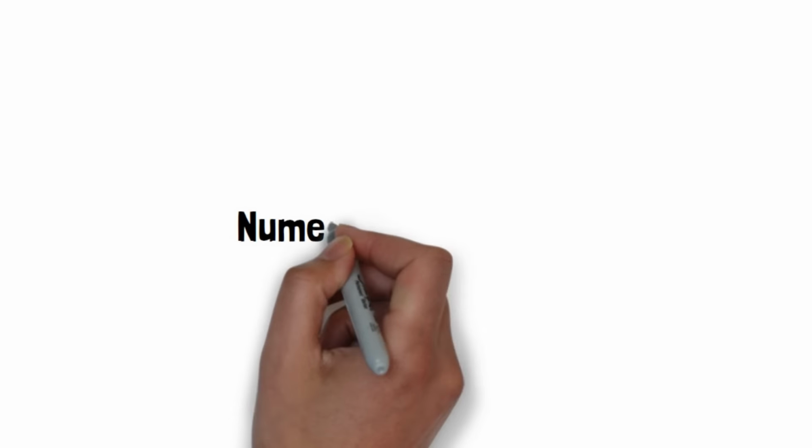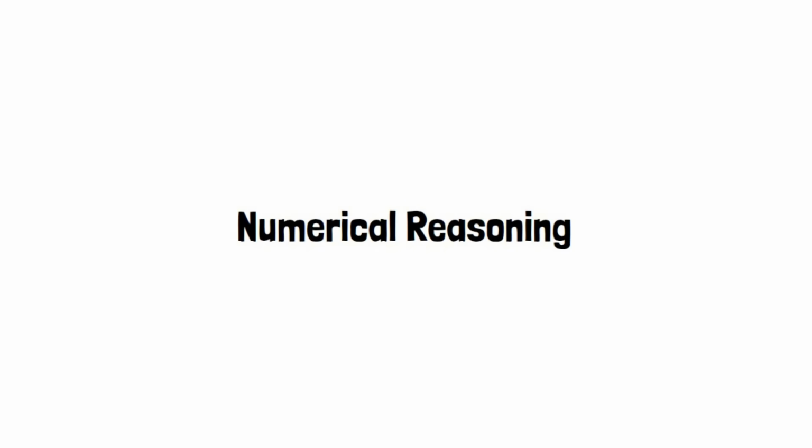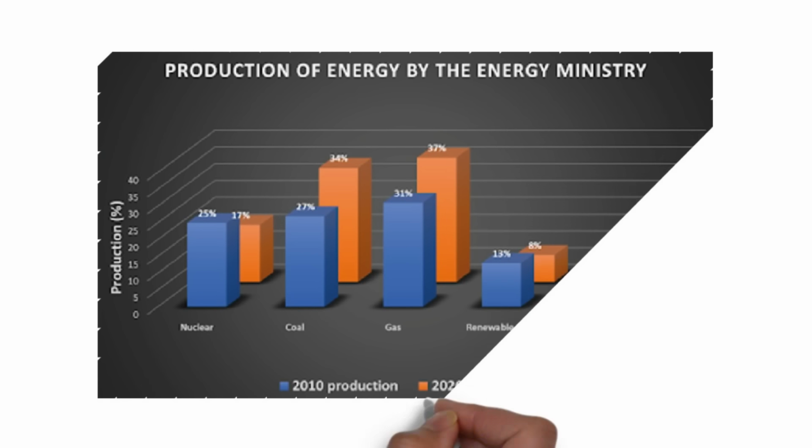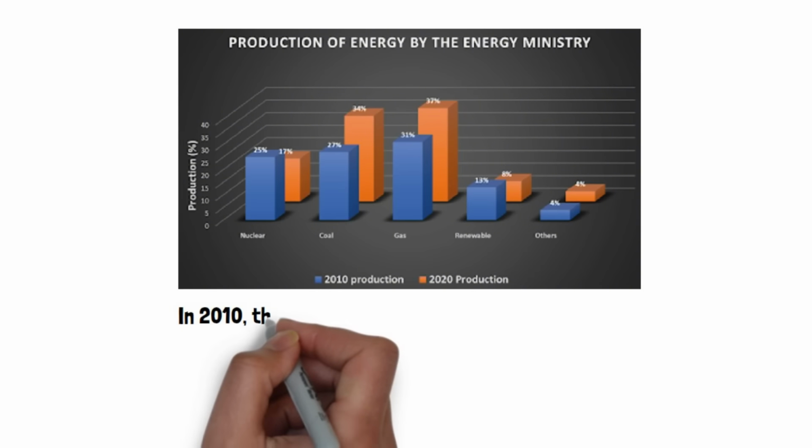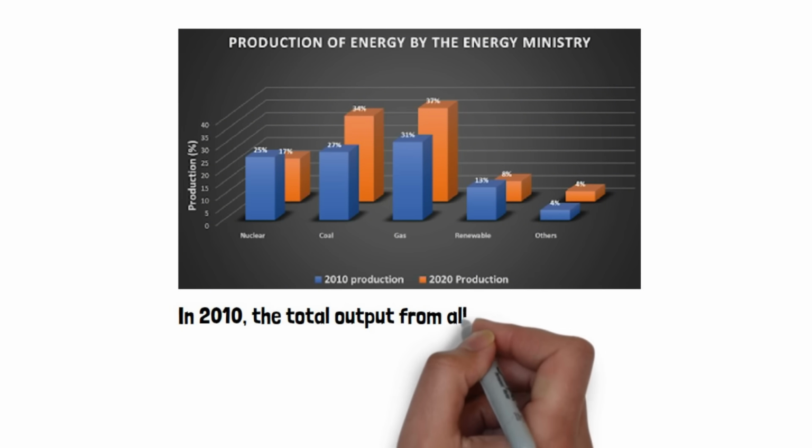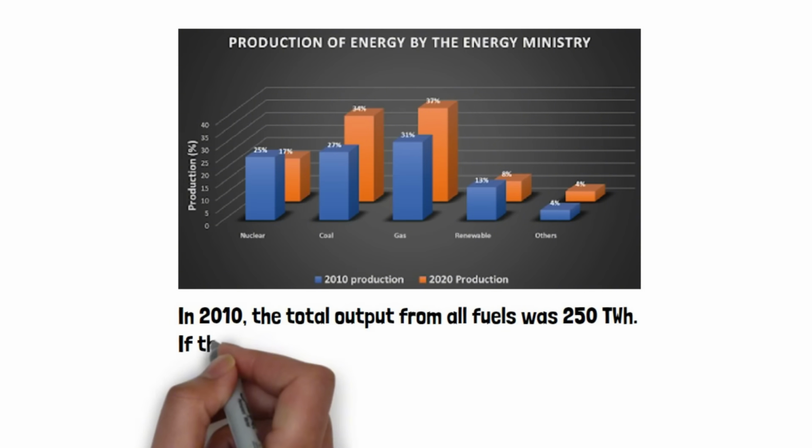For numerical reasoning under Logiks General Advanced test, you'll get 8 questions in 8 minutes. These problems require a bit more interdisciplinary knowledge and faster calculations. Sample question. In 2010, the total output from all fuels was 250 TWh.